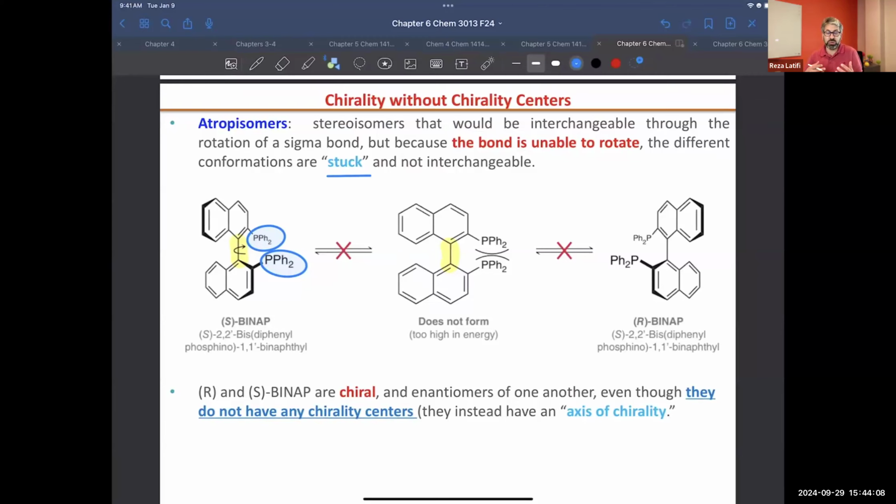In that case, we say we got an isomer because of the steric effect, and that's the reason we call them atropisomers. Atropisomers are isomers where there is no stereocenter here. We don't have a stereocenter, but because of the steric effect, they are stuck in a specific orientation or position, and that's the reason we call them chiral compounds.